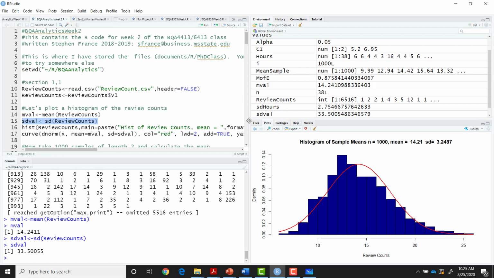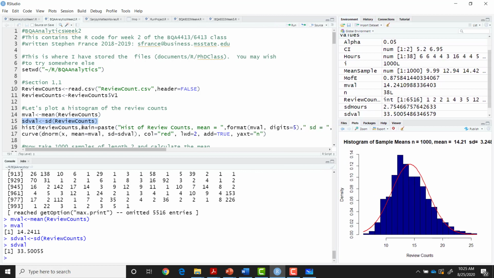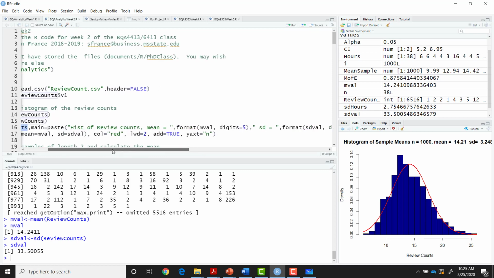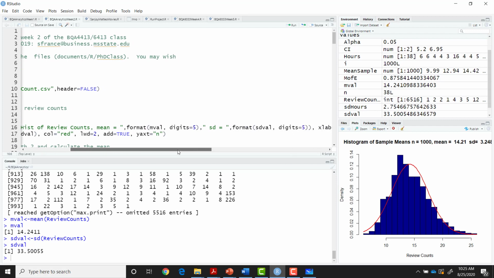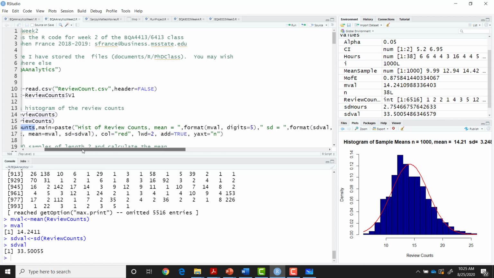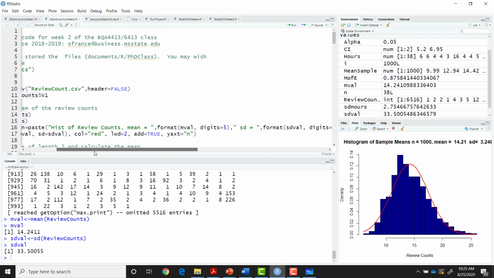We played around with histograms last class. I'm a bit fancier here, so I'll tell you what this code means. I'm doing the histogram of these review counts. Main is my title, and I actually put the mean and the standard deviation in the histogram. Basically I use a function called paste, and it allows me to paste different pieces of text together.